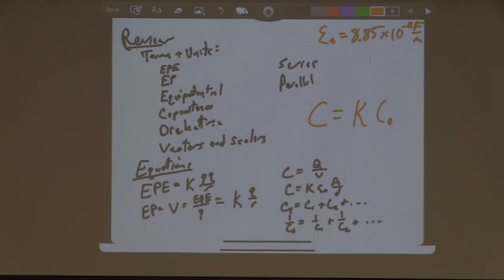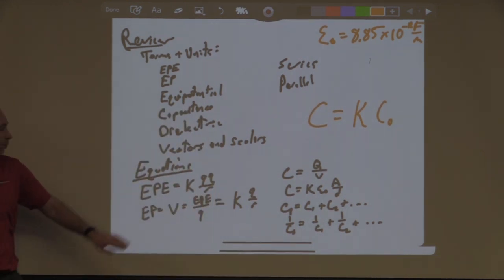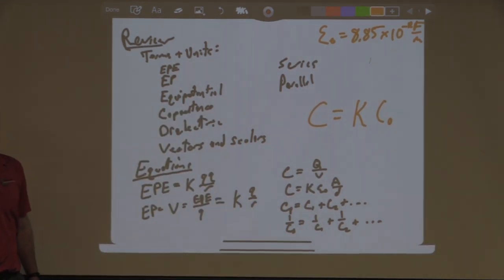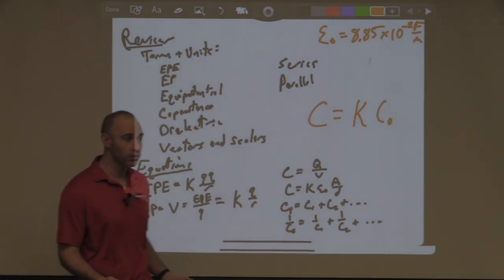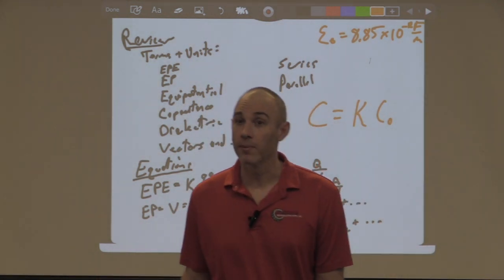You know that, and I'm gonna make you do that again when the test comes around. But this is kind of a shortcut way to get those answers using scalars, where you can just add them up. You don't have to worry about directions. So electric potential, voltage, is a scalar quantity. Volts are scalars, as opposed to forces and newtons per coulomb, which is the electric field. Those are vector quantities, and they get a little bit more complex.